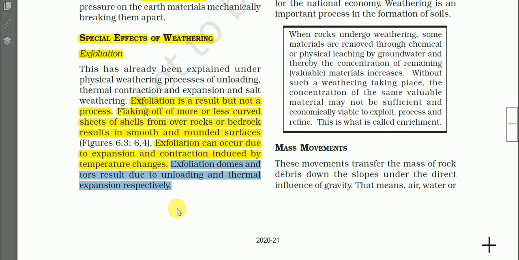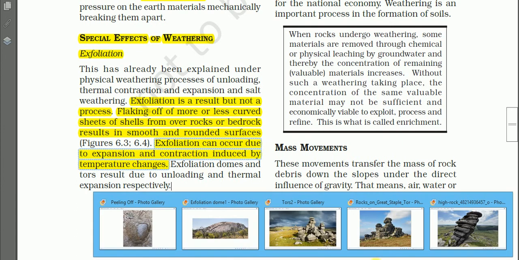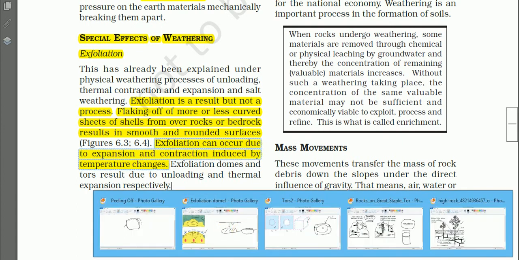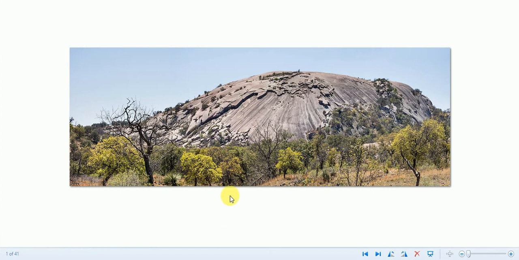Exfoliation domes are formed due to unloading of the overlying rocks, and the tors are formed due to thermal expansion. So let me show you some photographs of these. This is what we call an exfoliation dome.